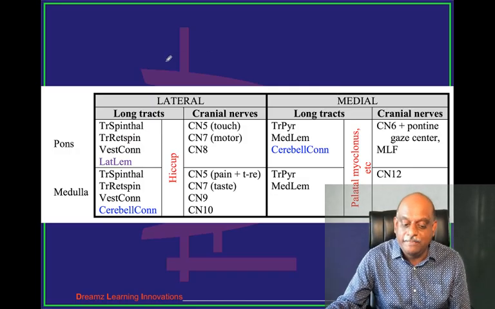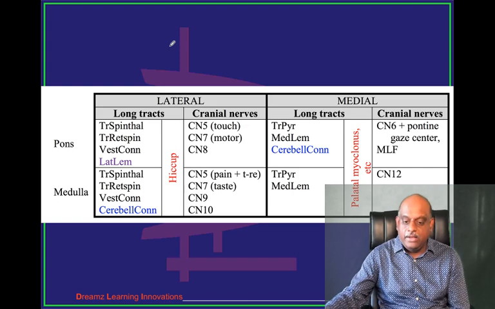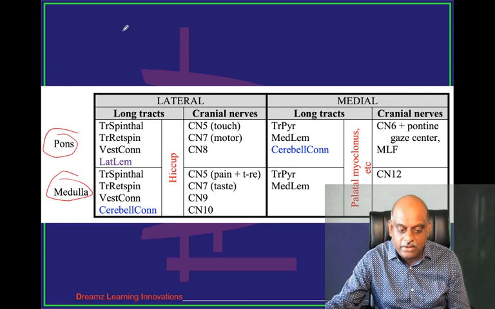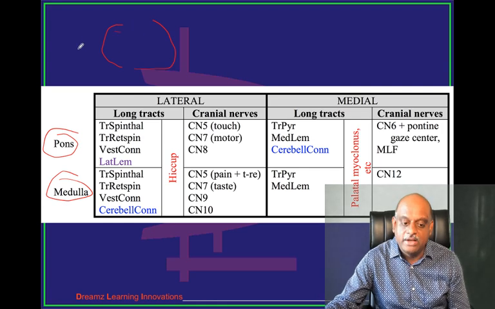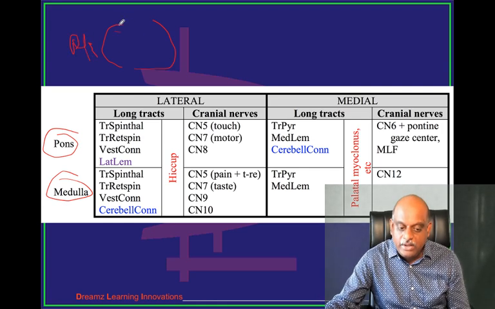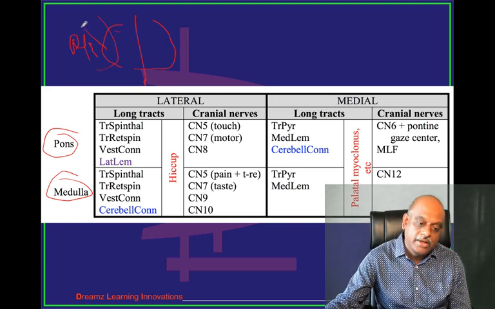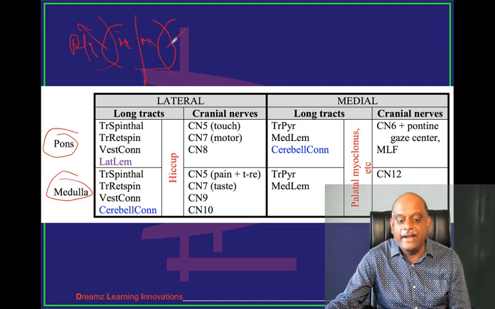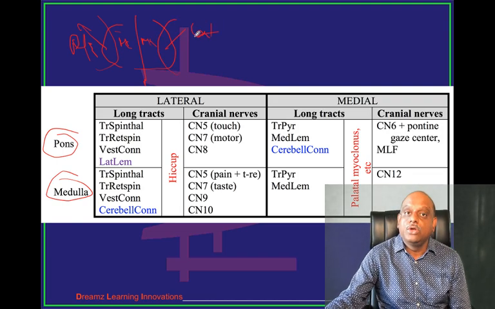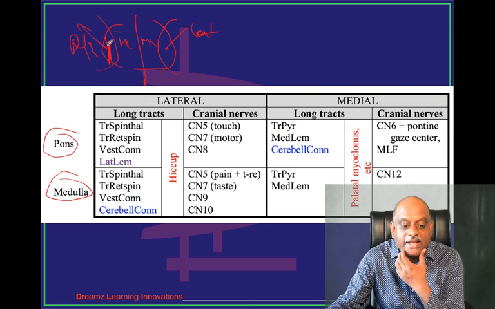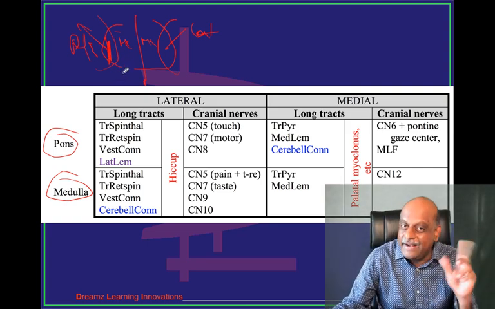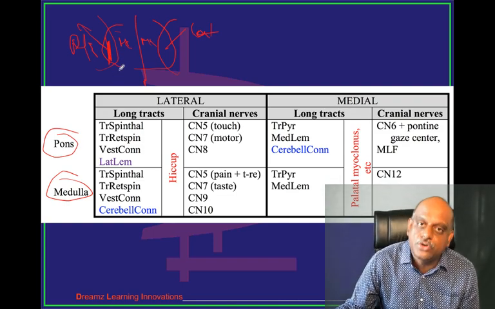So always, doctor, if you look at the pons and medulla, suppose this is a globular structure. If you look at the medulla, each half is divided into two parts, lateral and medial. Similarly, medial and here lateral. So there are certain structures in the lateral part of the pons. There are some structures in the lateral part of the medulla, so you must be very sure about it.